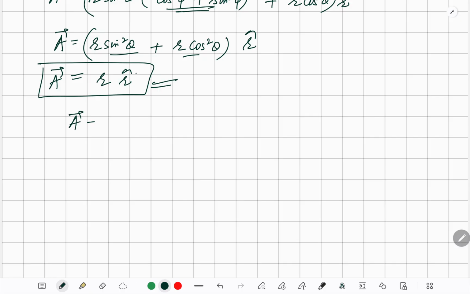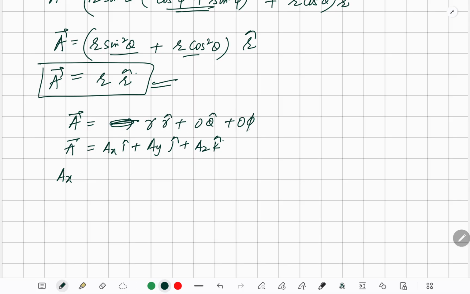If you have some given vector in spherical polar coordinate system and you have to find the Cartesian, what you have to do is find ax i cap plus ay j cap plus az k cap. So if you have some vector, let's say r cap plus 0 theta cap plus 0 phi cap as a spherical polar coordinate vector, you have to find the Cartesian.